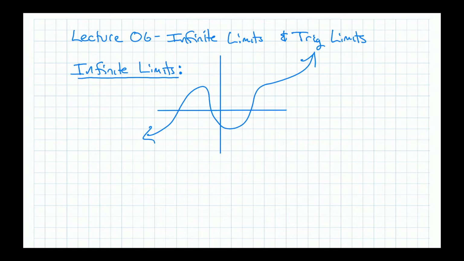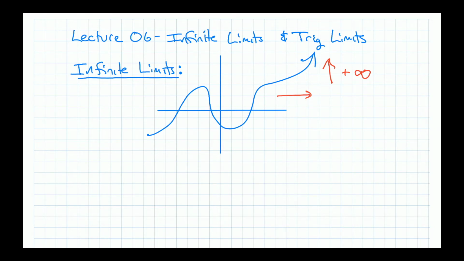Like you head out to the right and the function goes up forever. If it increases without bound like that, you might say that the function has a limit of plus infinity.